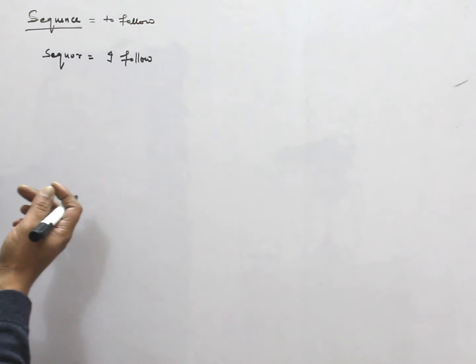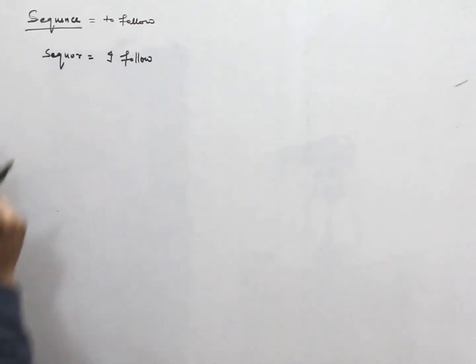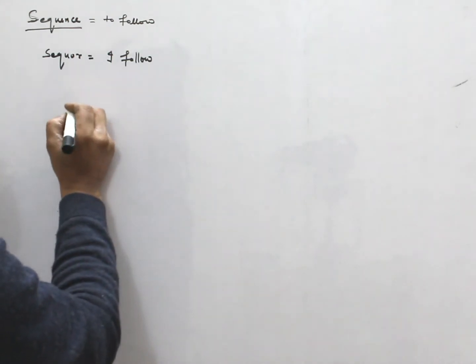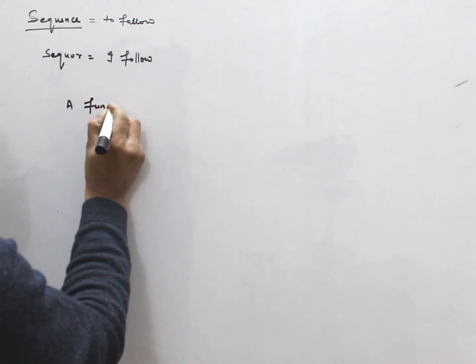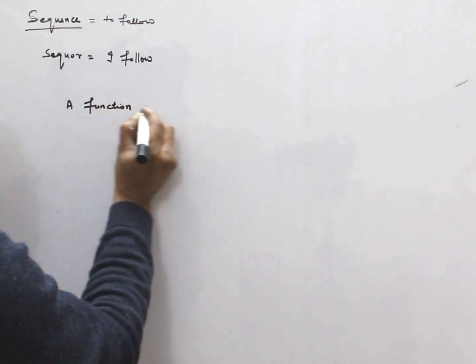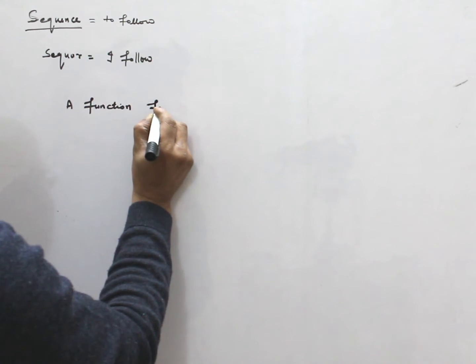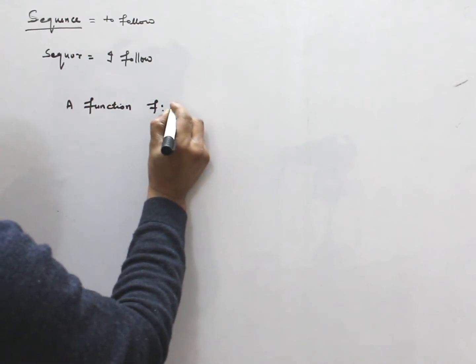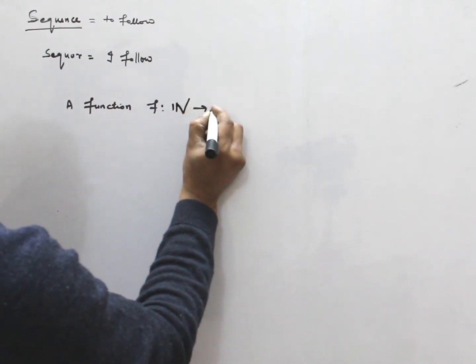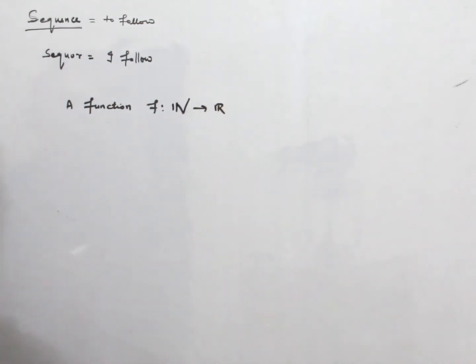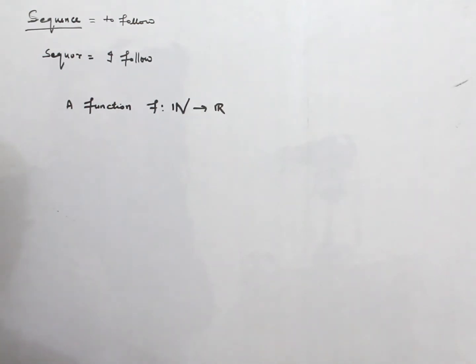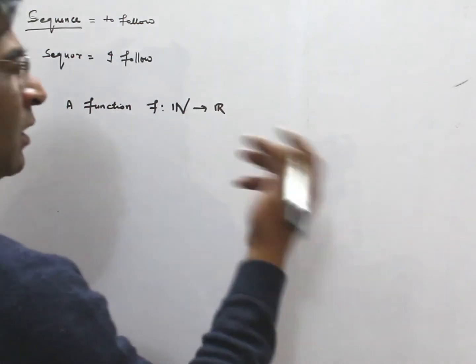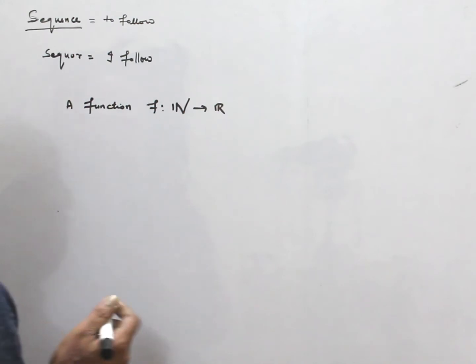In mathematics, a function f from N into R is called a sequence. This function is into, not onto. How can we express this?